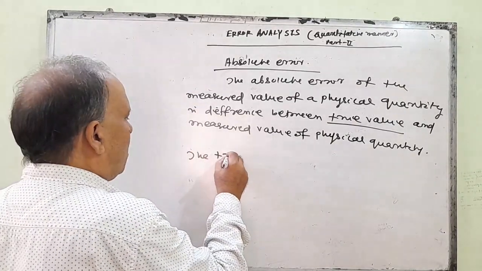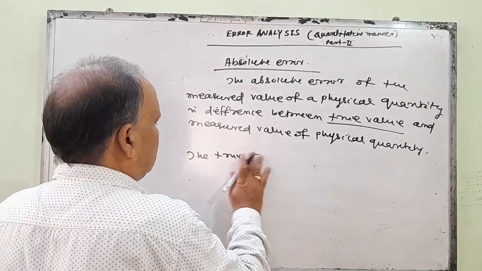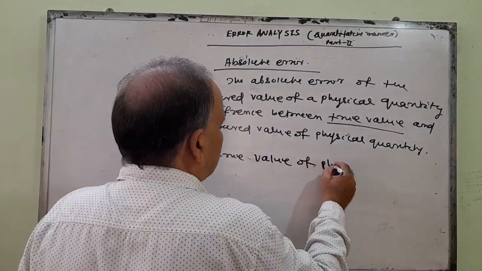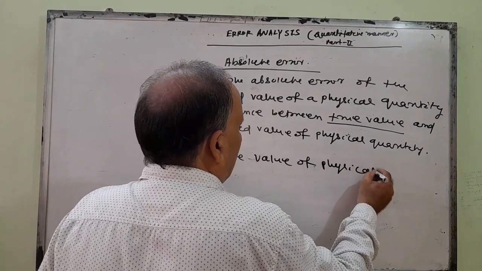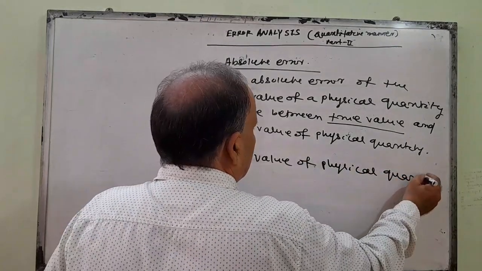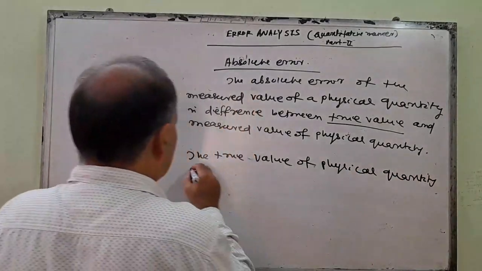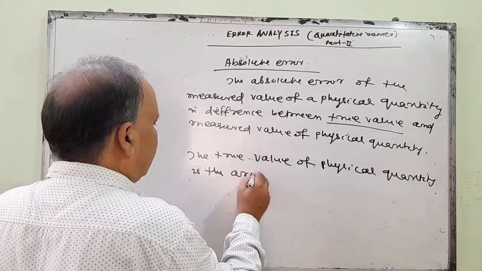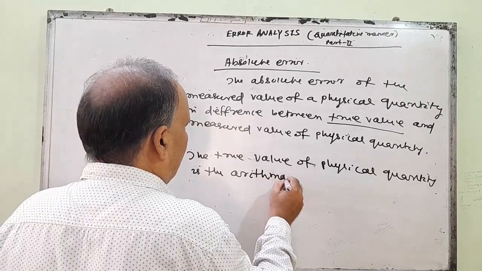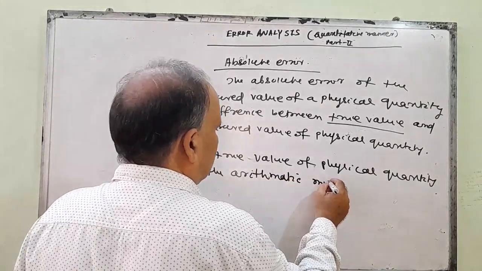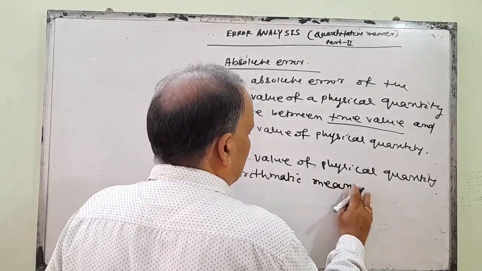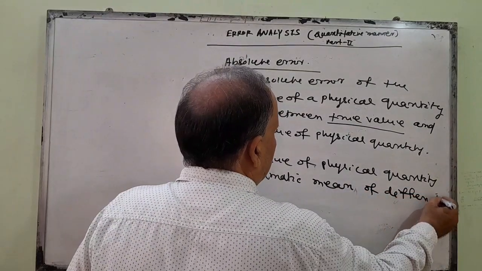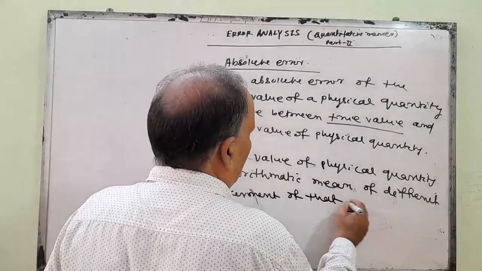The true value of a physical quantity is the arithmetic mean of different measurements of that quantity.